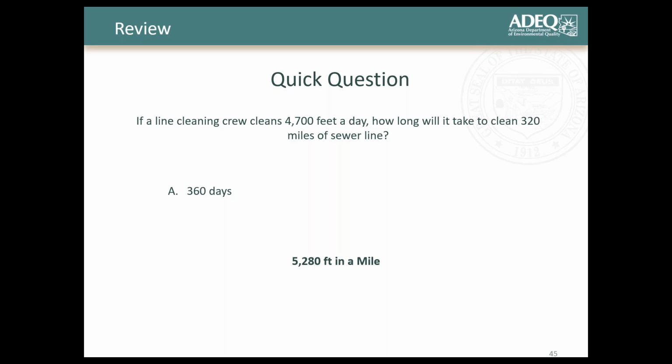A lot of your operator cheat sheets will let you know that there's 5,280 feet in a mile, right? So then you plug in the math: 320 miles times 5,280 feet. That's how many feet you need to clean in the sewer system. You take that and divide it by your feet a day, and it's 359.49 days, or 360 days.